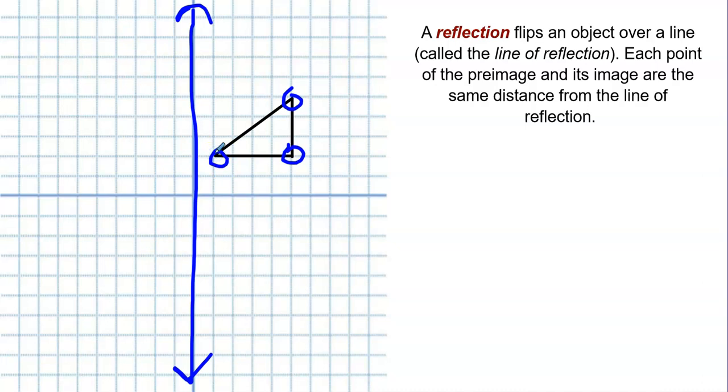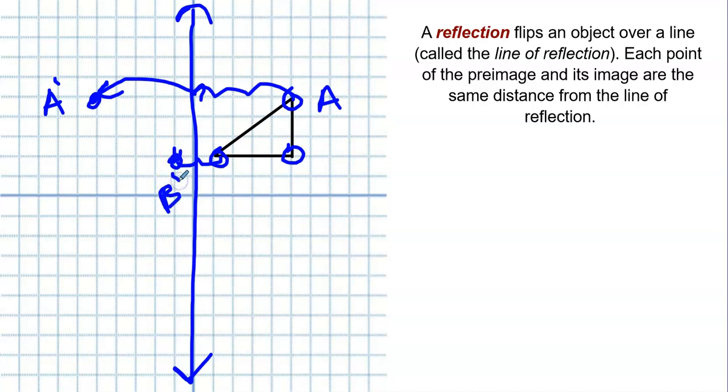So if we're looking at a reflection over the y-axis, we can take every point of this triangle and just move it, flipping it over the y-axis so it's the same distance away. Well, our upper right corner of the triangle is a distance of 5 away from the axis, so we just continue and move 5 again to get there. That is the image of, let's call it point A. The image of point B is 1 away from the y-axis, so its image is 1 away from the y-axis.